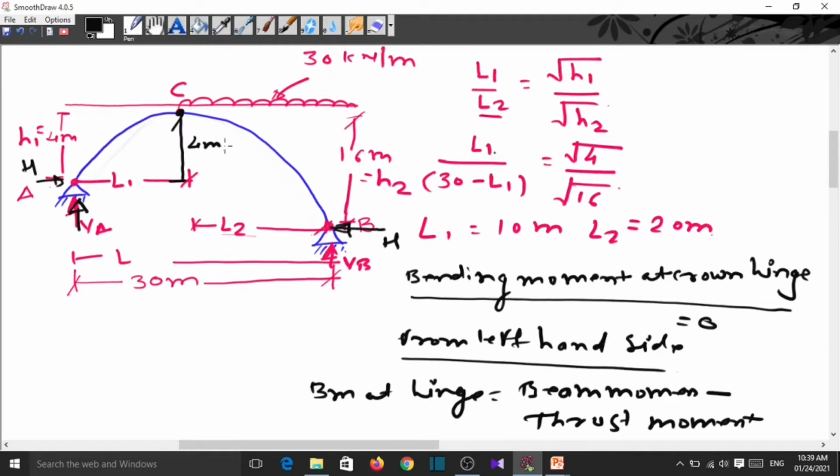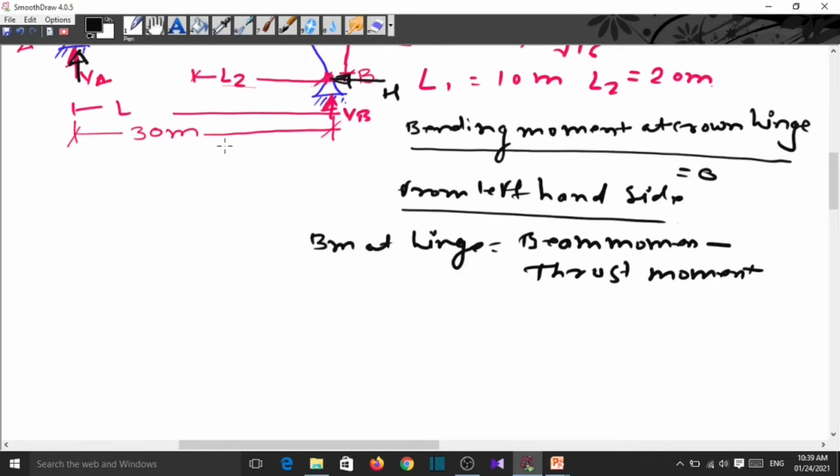So we can say that the bending moment is equal to VA into L1 minus the thrust moment, H into H1, and that is equal to 0 because we are taking moment at the hinge.